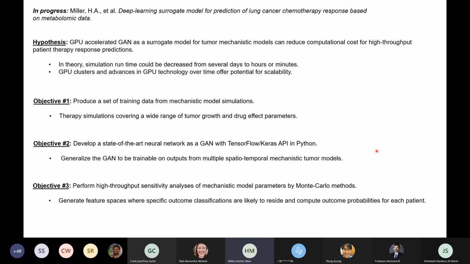And in objective number 3, we will perform high throughput sensitivity analyses of mechanistic model parameters by Monte Carlo methods with the goal of generating feature spaces where specific outcome classifications are likely to reside.